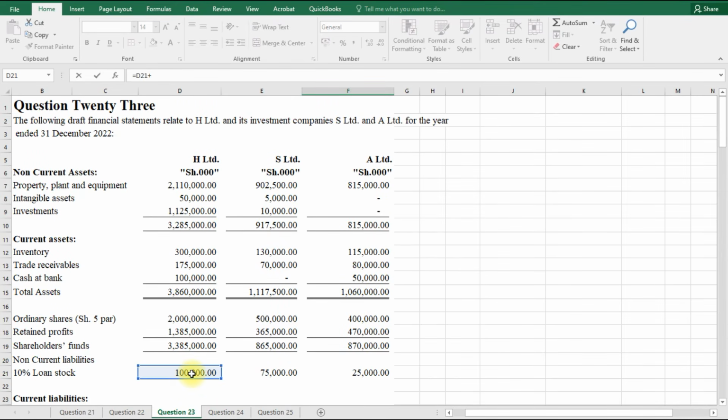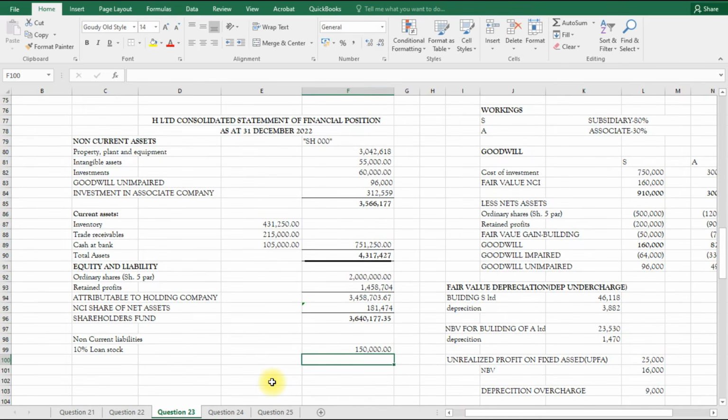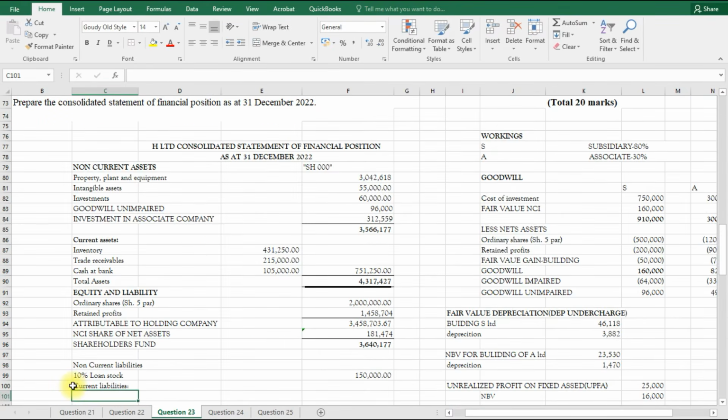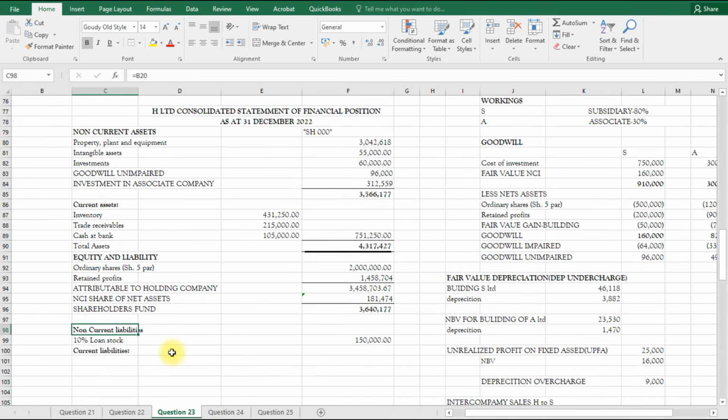We add this and we minus the 25 that was intercompany, shall get 150 there. So I'll reduce the decimal there, 150. Then we go to current liability. Here our current liability is this, and I'll bold this as our current liability.